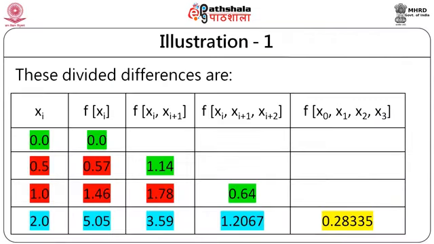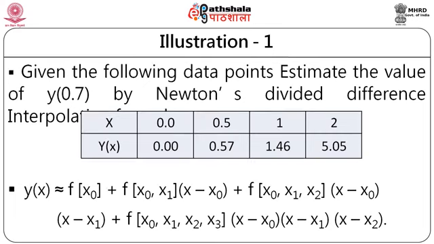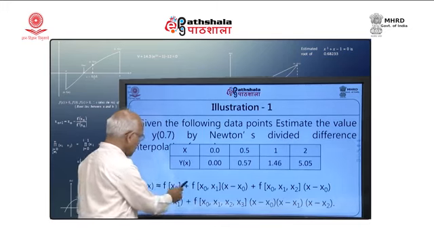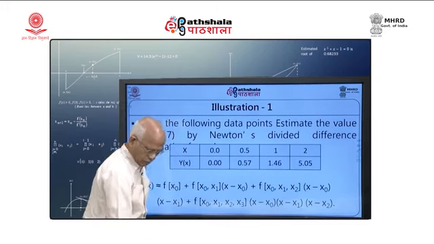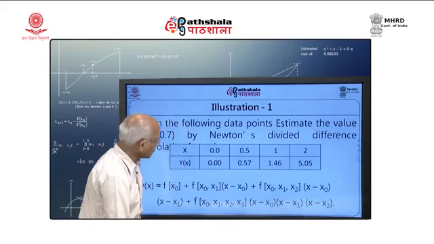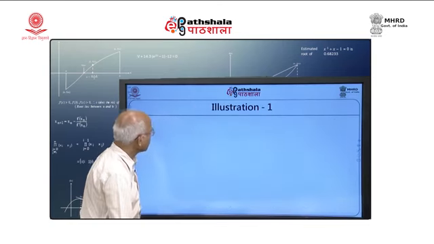So, these 4 values I get from the table, and I substitute them in my formula given earlier, writing x equal to 0.7.